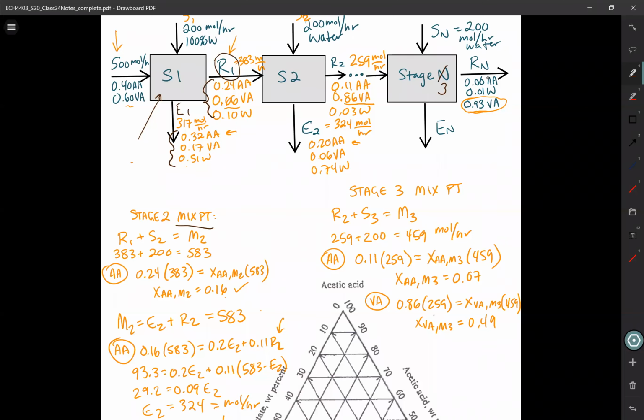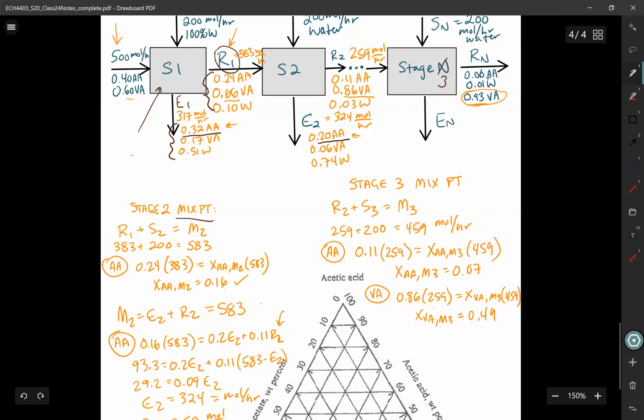I pointed this out before, but I wanted to point it out again. If you look at the compositions of your extracts, extract number 1, for instance, has 32% acetic acid. Extract number 2 has 20% acetic acid.